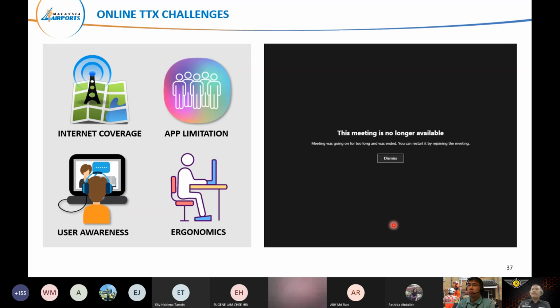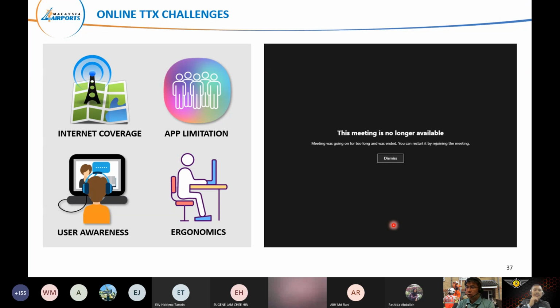They might join from their home, so their home might have poor internet coverage. So at any point of time it interrupts the process because it will slow down the flow of the tabletop exercise.